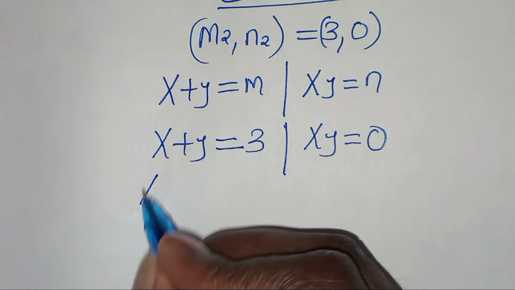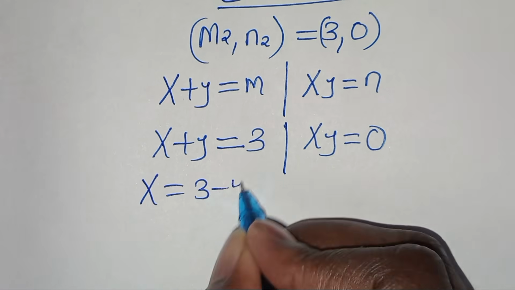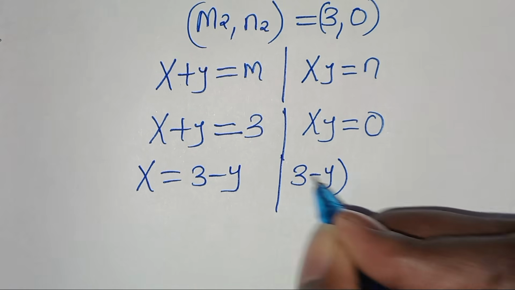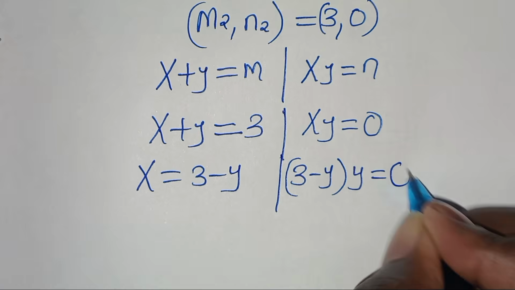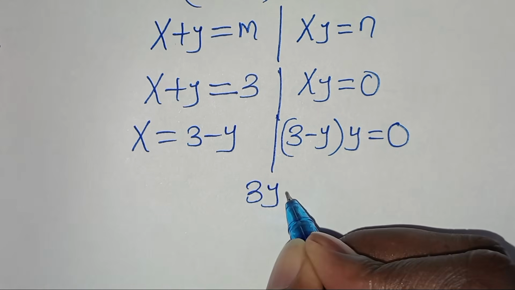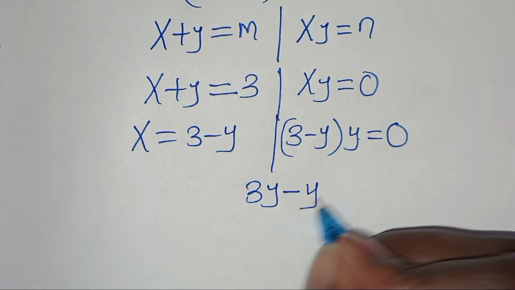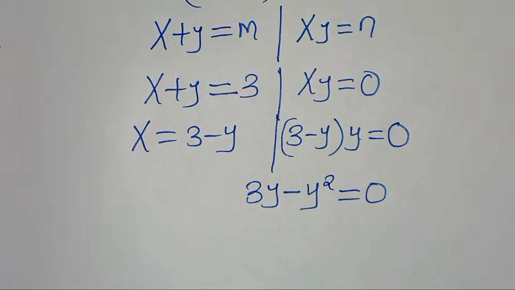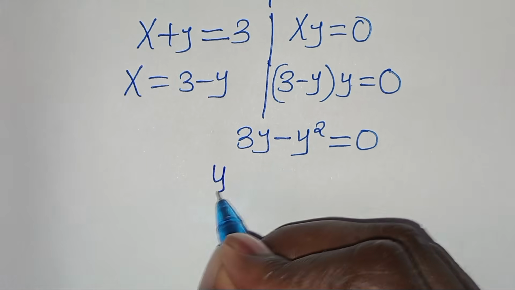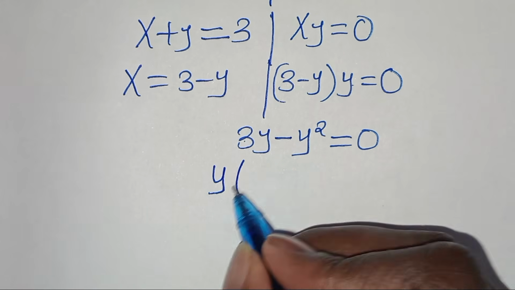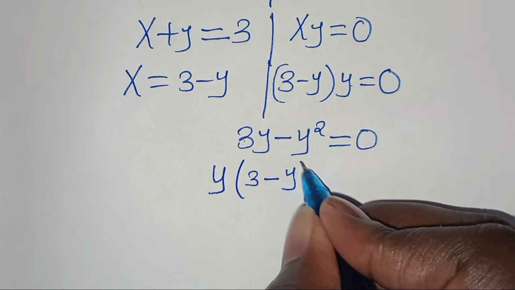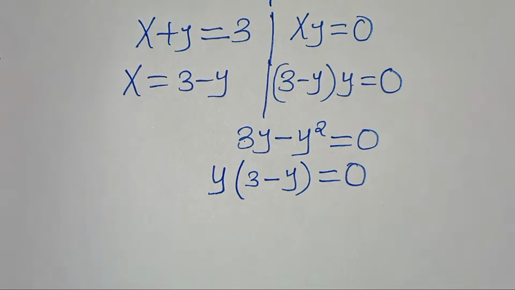So we have x is equal to 3 minus y. So that now, here we have 3 minus y times y, equal to 0. So 3 times y is 3y, then minus y times y, this is y squared, and this is equal to 0. Now, y is common here. We can factor out y into the parentheses. 3y divided by y is 3, minus y squared divided by y is y. This is equal to 0.